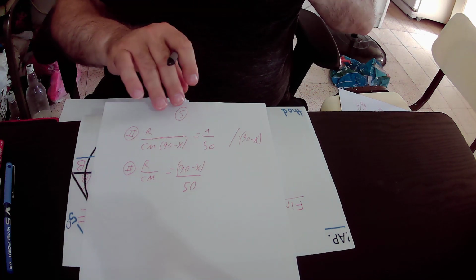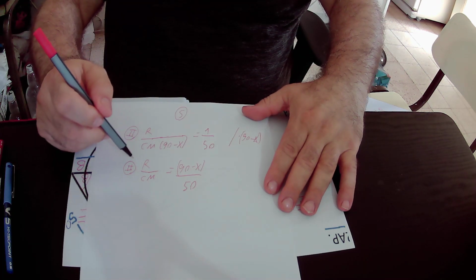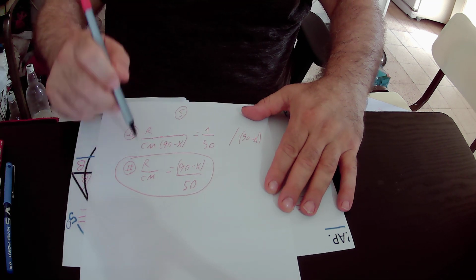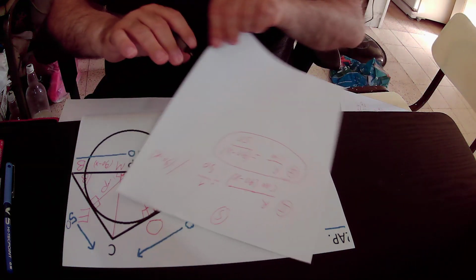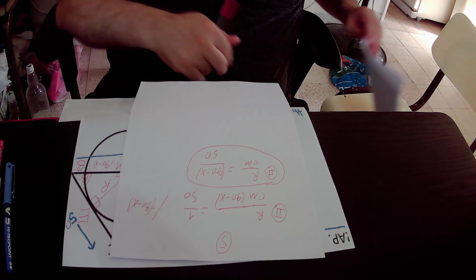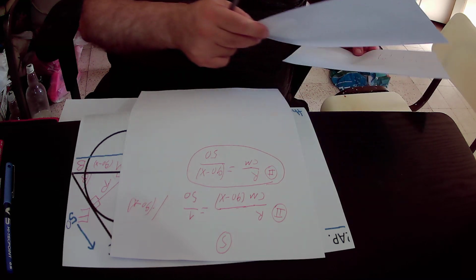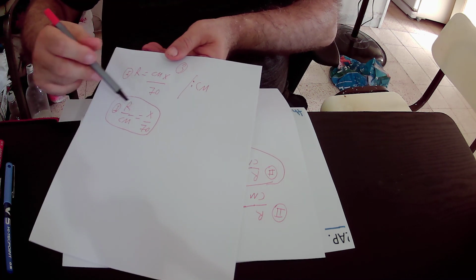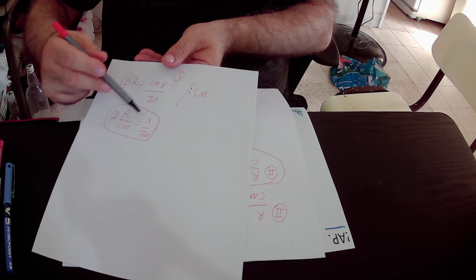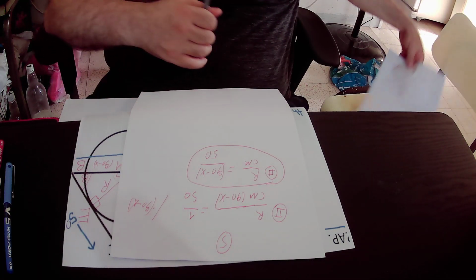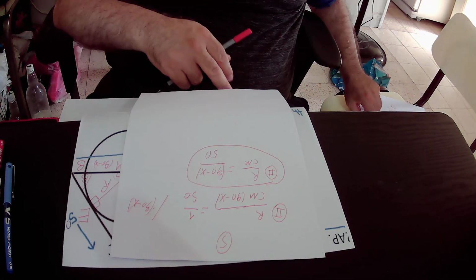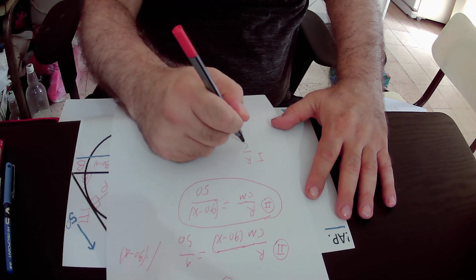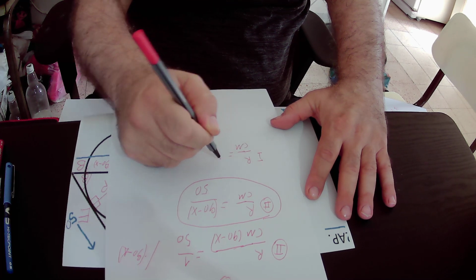Okay, so we have our second expression for R over CM from the second equation, and from the first equation we already know that R over CM equals x over 70, so we will copy it here.